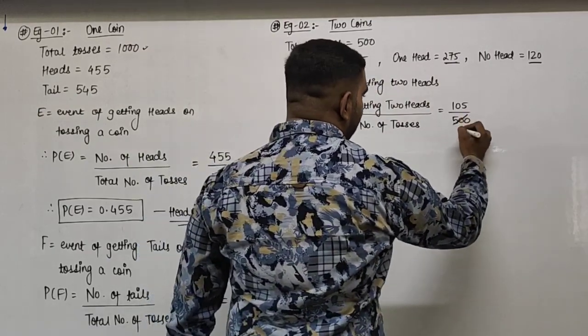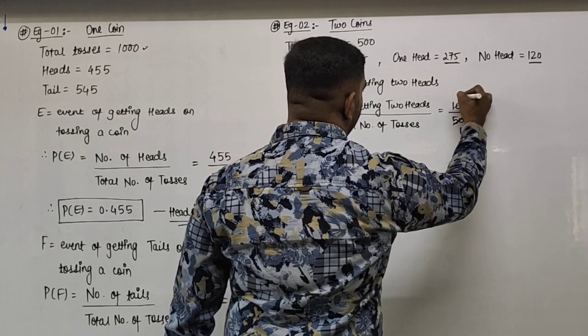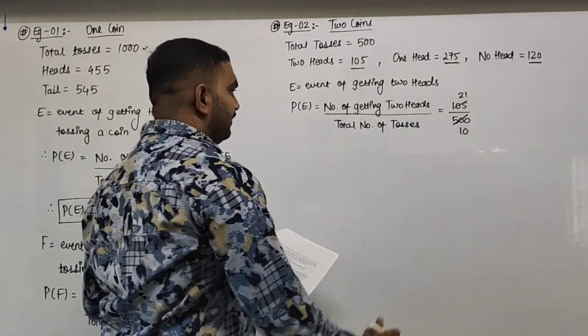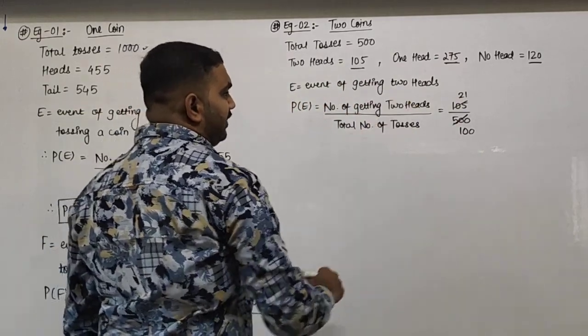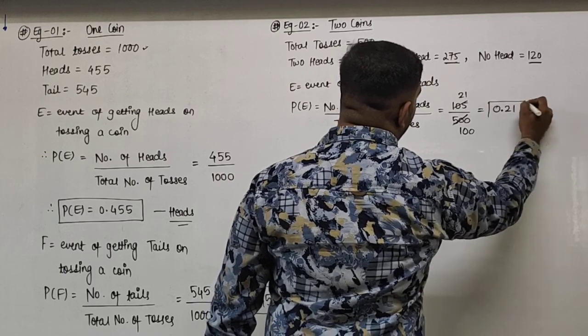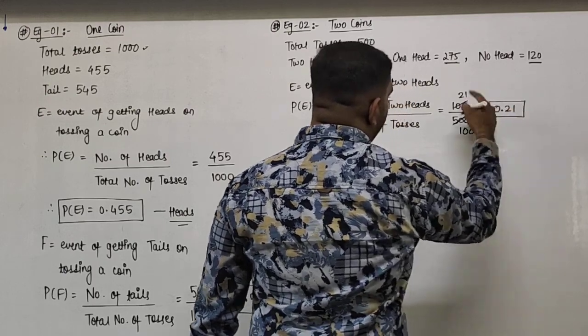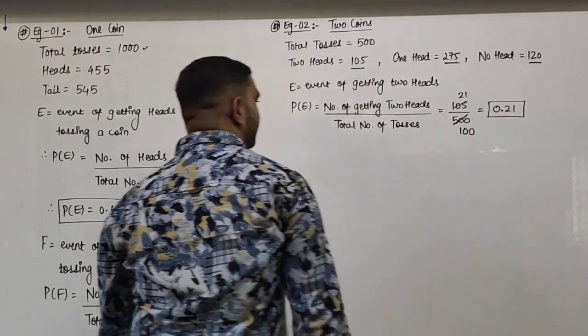You can cancel it out: 5 into 100 and 5 into 21. So 21 upon 100, that will be equal to 0.21.